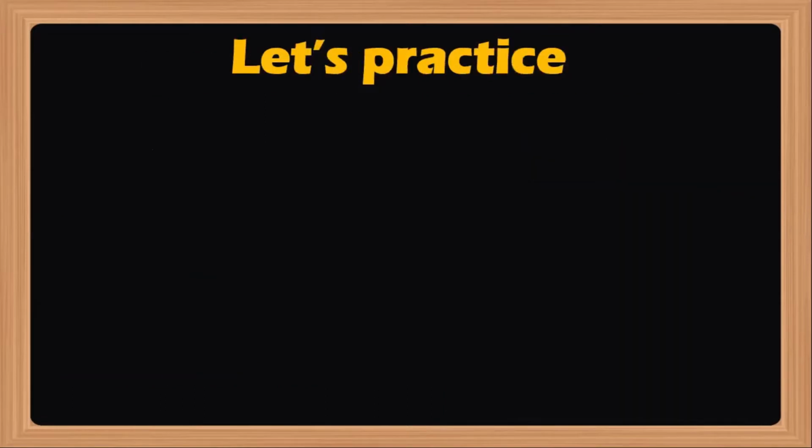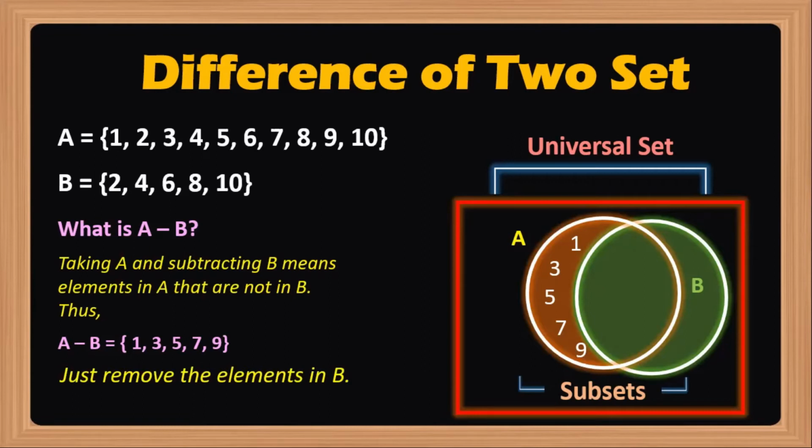So therefore, our final answer, A minus B, is equal to the set that contains the elements 1, 3, 5, 7, and 9. A minus B, just remove the elements in B. Kapag B minus A, just remove the elements of A.